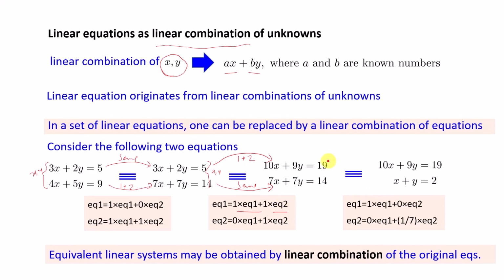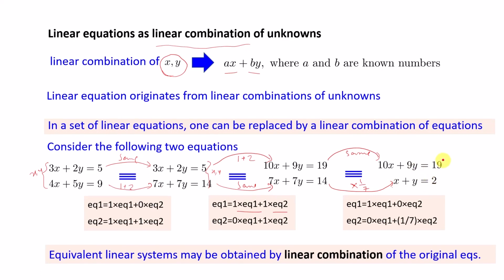Here you see that from here to here, this is the same. We do nothing for equation 1. As I go from here to here, the second equation, I divide by 7, or we can say I multiply by 1/7. So x plus y equals 2.